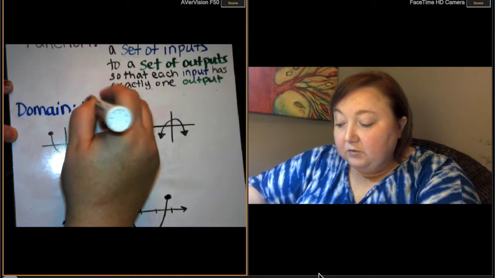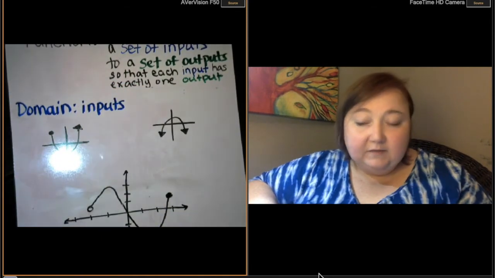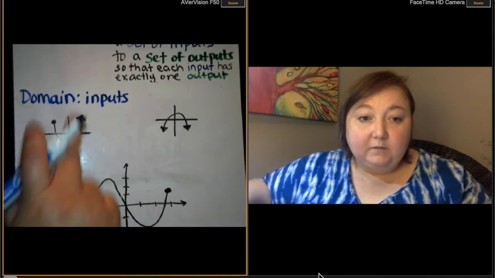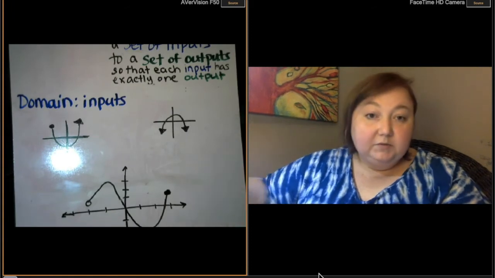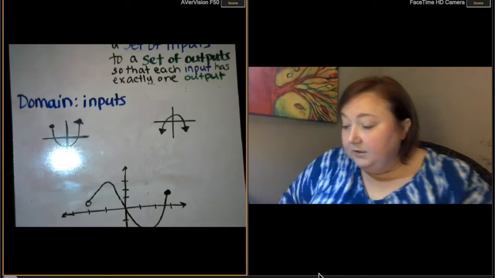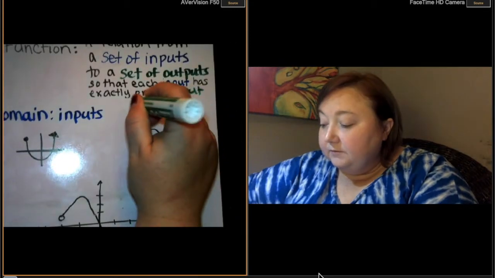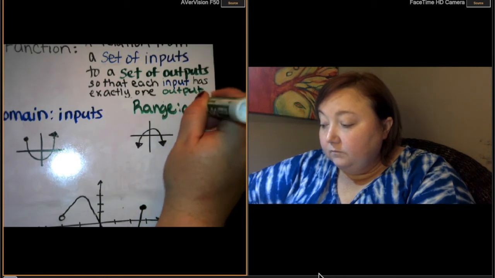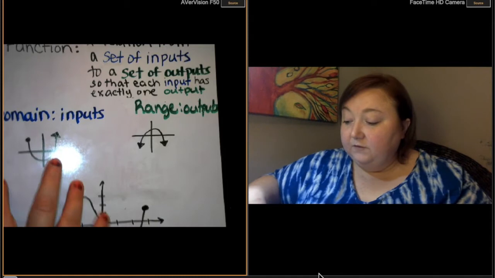Say the domain is your set of inputs, and typically those are our x values because we talk about on the graph our x-axis and our y-axis. So your set of domain is your input values, and then the range is your output values. Okay, so going back to what a function is.